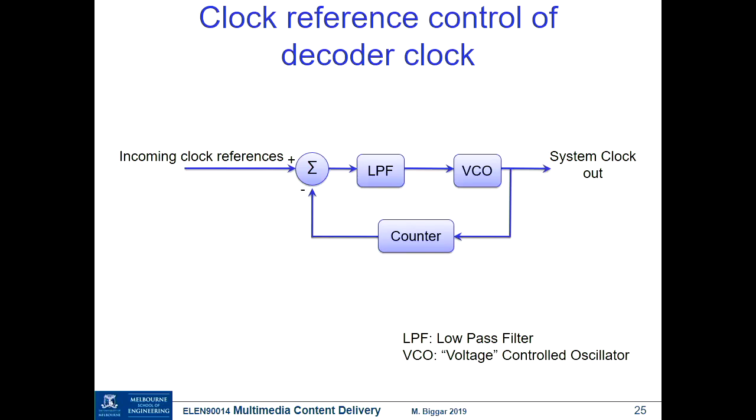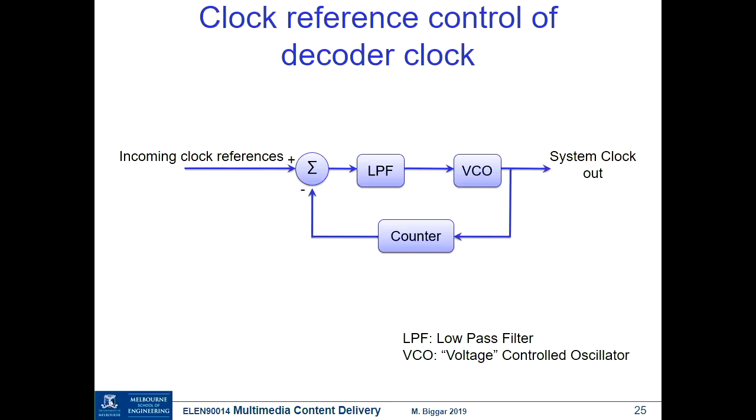Right? So if this one is continuously behind this one, then the generated frequency of the system clock will slowly drop to compensate.